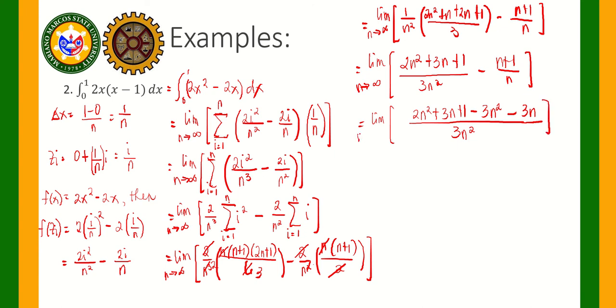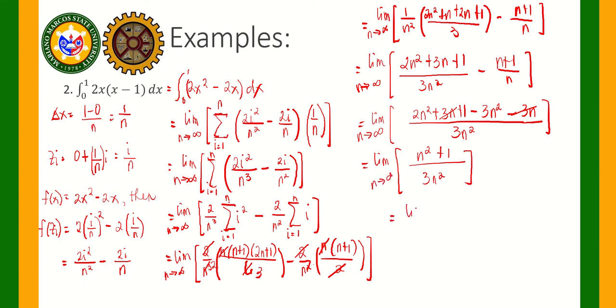So, simplify natin, n approaches infinity. So, this will be equal to the limit of the function 2n squared minus 3n squared, that is negative n squared. And then 3n minus 3n, that will cancel. So, plus 1 all over 3n squared. Of course, n approaches infinity.